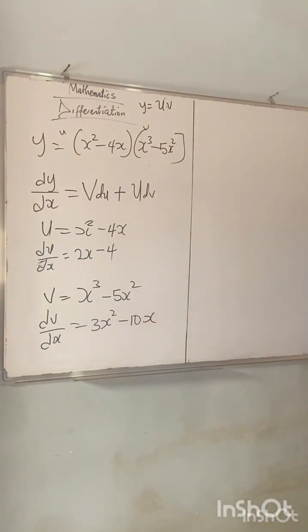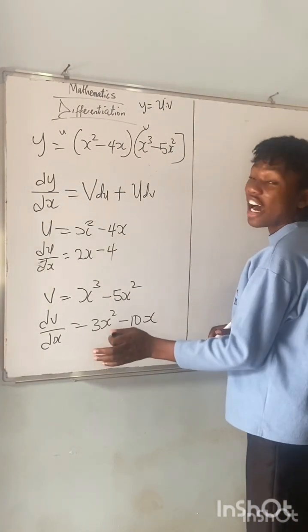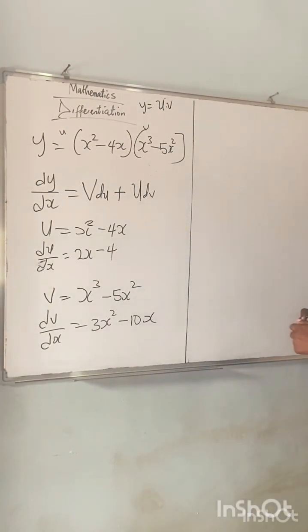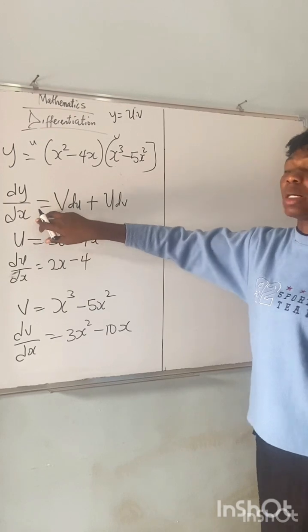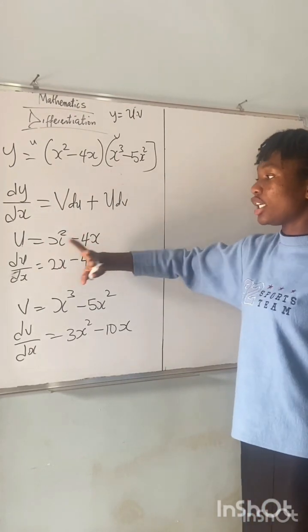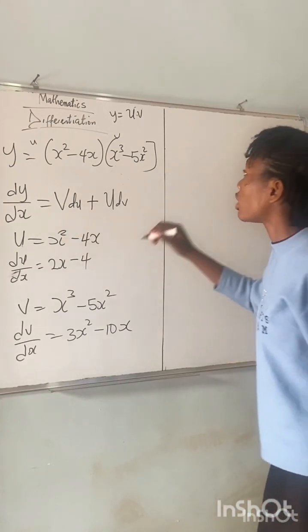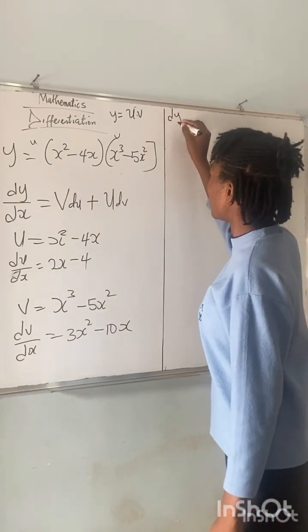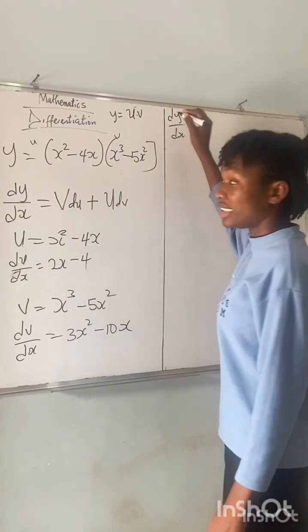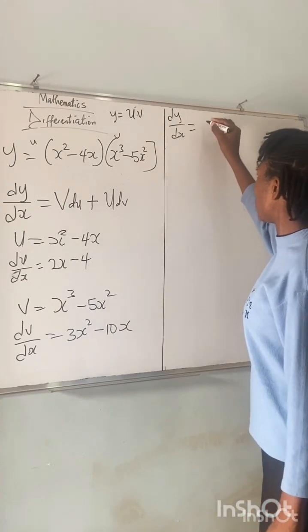We have differentiated our u and our v. Since we have gotten our u, du, our v, and our dv, we're going to apply our formula now. Our formula says, in differentiating y with respect to x, that is dy/dx, we should say what?